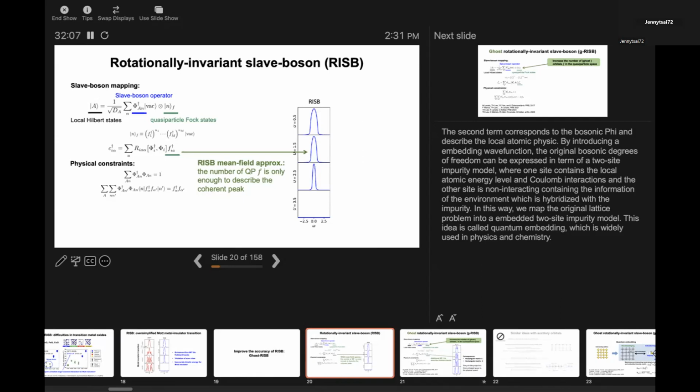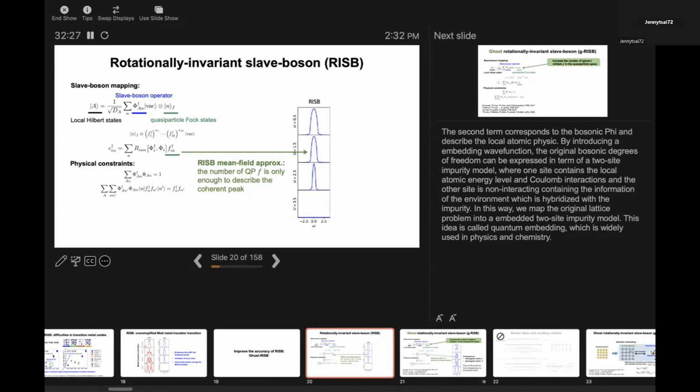So in the one-band case, we will have one orbital here, and this becomes a scalar. So we can only describe one single band around the Fermi level, and it becomes smaller and smaller because of this renormalization factor. And when R goes to 1, then we will not get any quasi-particle dispersion.